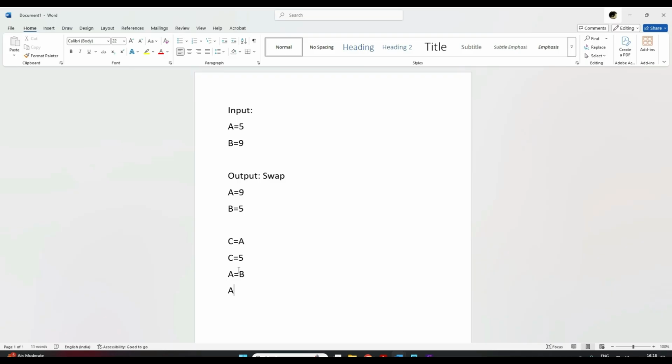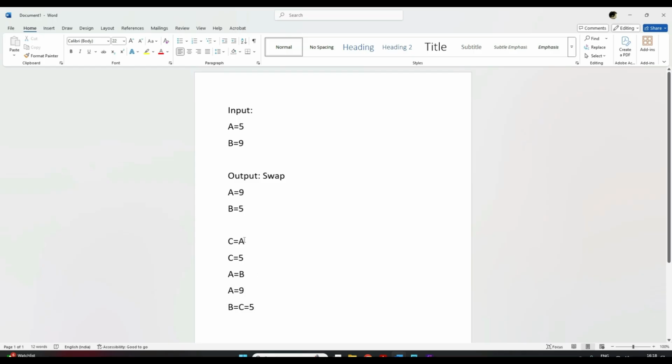A has this value of 9 now, right? And then finally I'll write B is equal to C. Now C was having the value of A, which is 5. So I'll write B is equal to C. That means B became 5. So see, I have swapped. Finally A became 9 and B became 5.